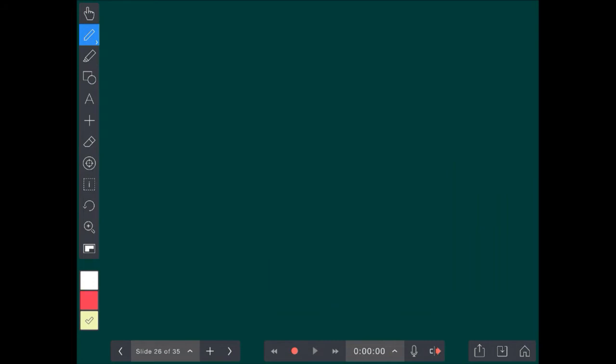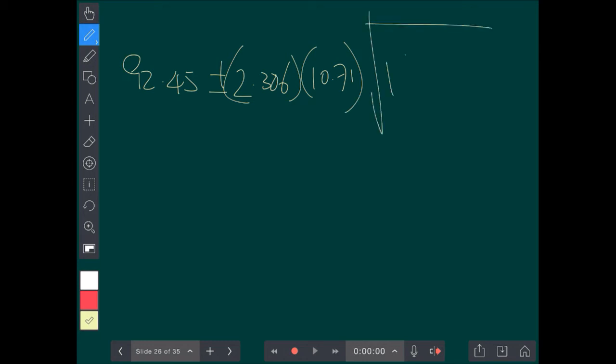So the formula, we already know that 92.45 is our point estimate, plus or minus our critical value, 2.306, our standard deviation of the errors, 10.71, and then we have now 1 plus 1 over 10 plus 25 minus 18.8 squared over 297.6.